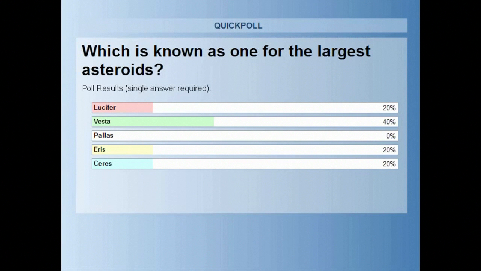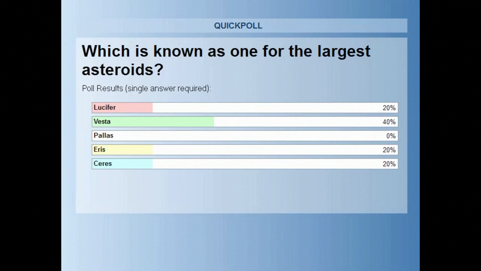But of course, it was elevated soon thereafter to the dwarf planet status. So Ceres is your answer as the largest asteroid before its promotion, I guess we should say, to the dwarf planet status, which was kind of a controversial definition.